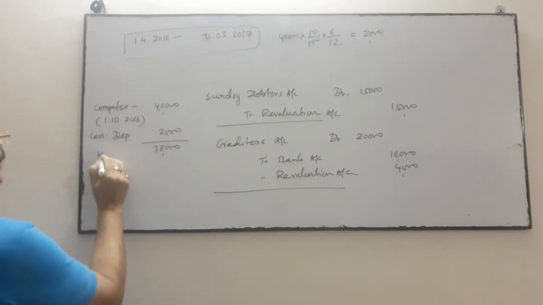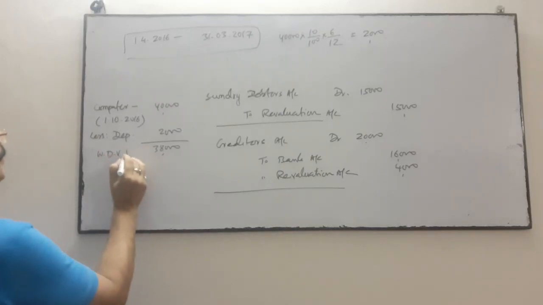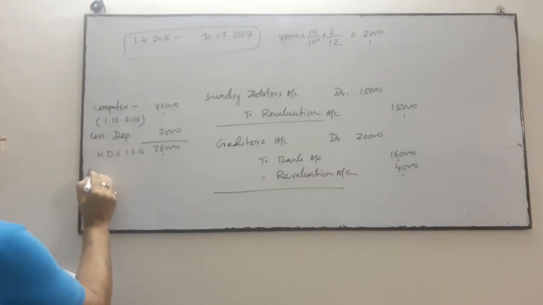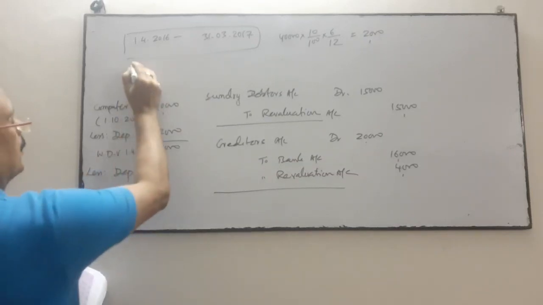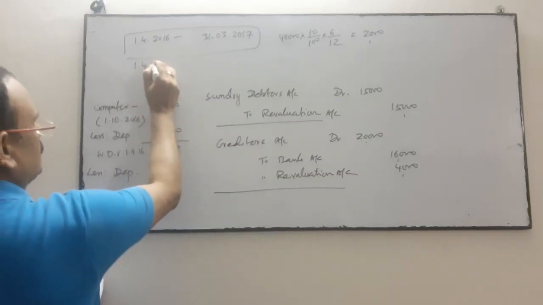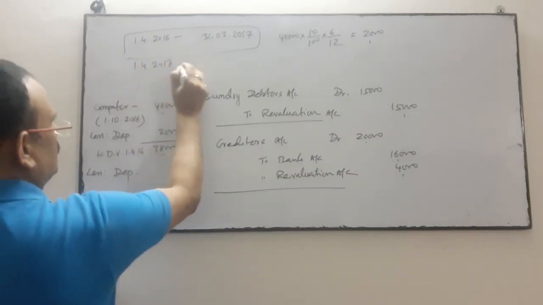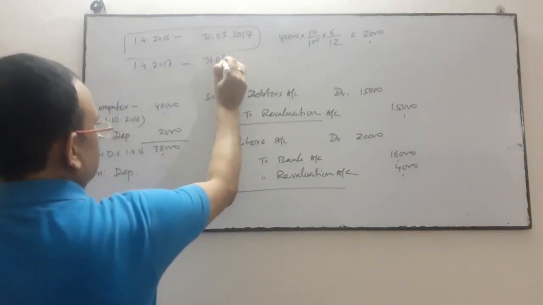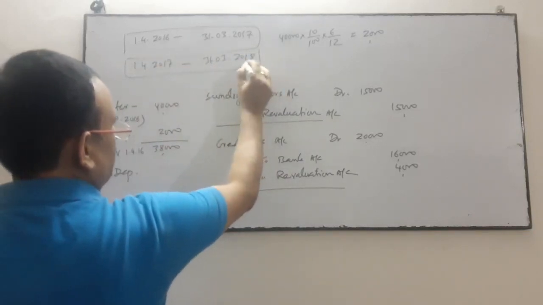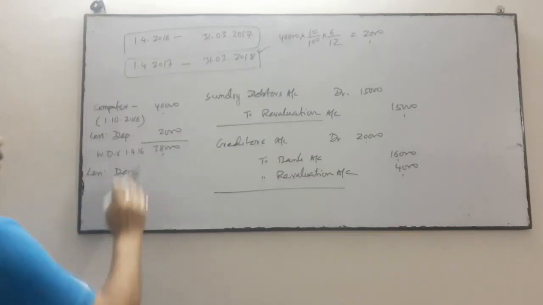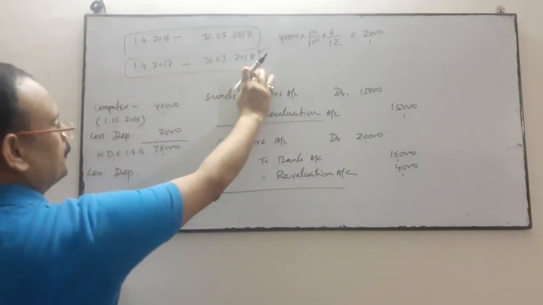It's the written down value on 1st April 2017. Again depreciation for 1st April 2017 to 31st March 2018. This is the date of revaluation, 31st March 2018. So in this financial year, the computer was used for the whole year.